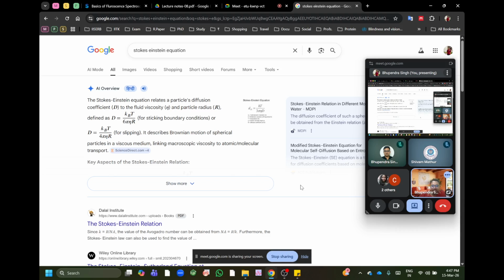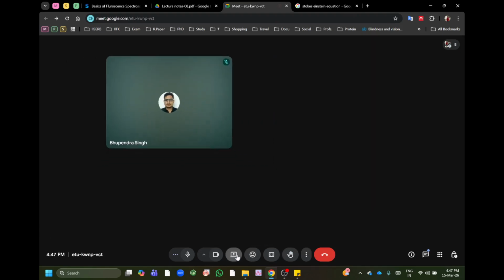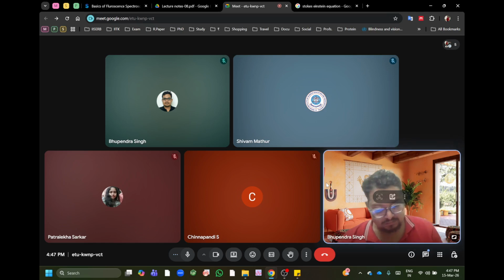So as we can see, this is the diffusion coefficient, and this is the radius of the particle. Let me share my PPT again.